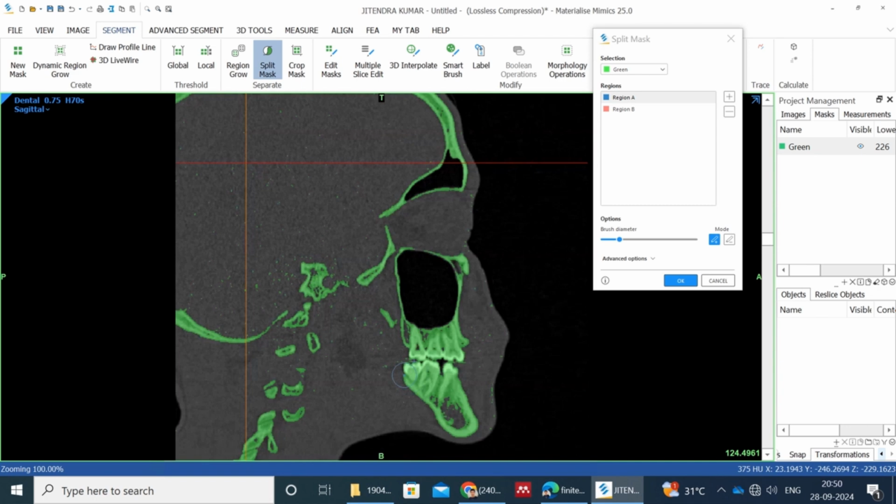Next here we will select the tooth also, because the tooth is connected with the mandible, the lower teeth.